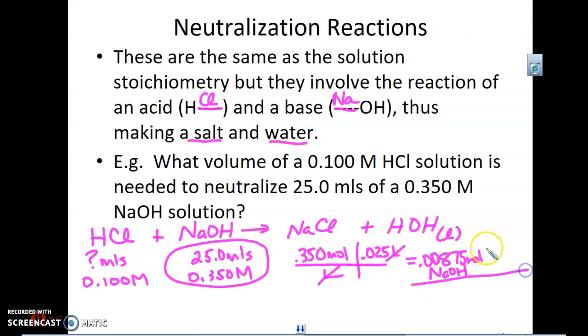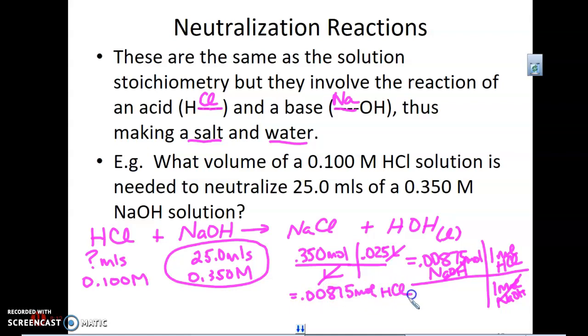Now, don't forget to do the stoichiometry. Again, I know this is pretty boring. We have to do one where it's 2 to 3 or something like that. But 1 mole of sodium hydroxide will react with 1 mole of hydrochloric acid. And we're going to end up with the same amount, of course, 0.00875 moles hydrochloric acid.